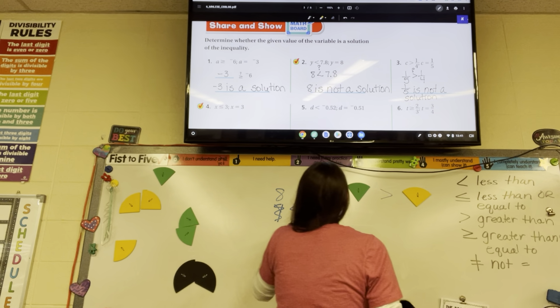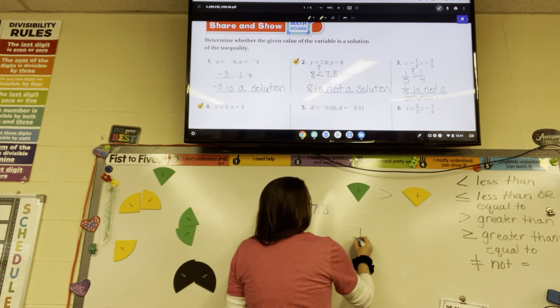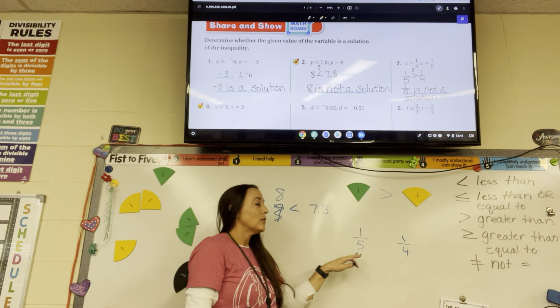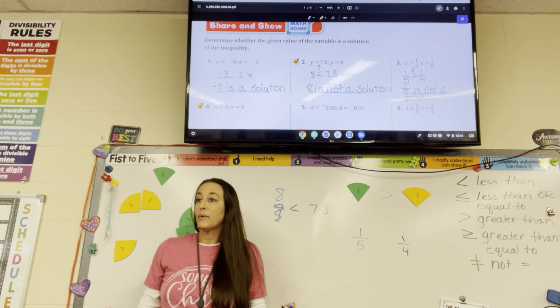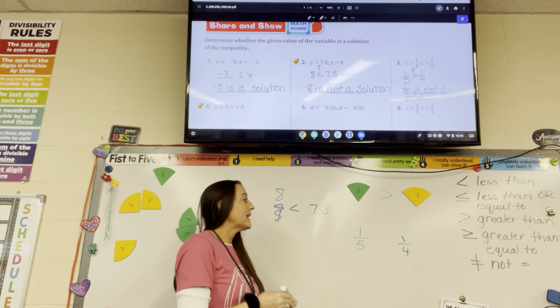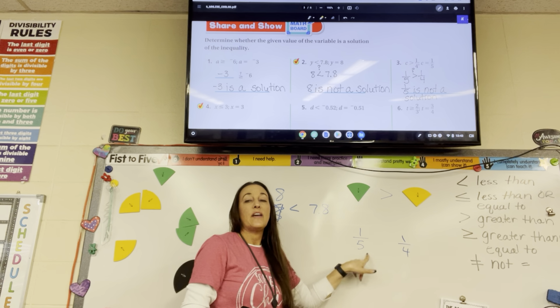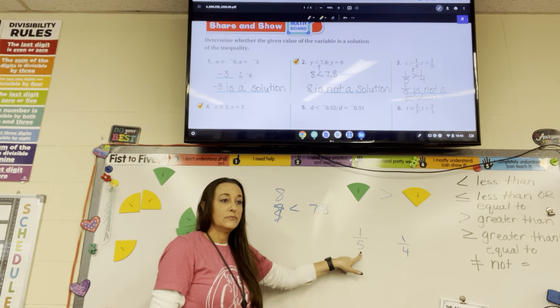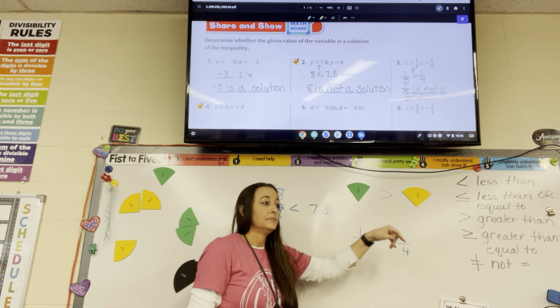With these, when you have numerators that are the same, 1/5 and 1/4, normally you think 5 is bigger than 4, right? But when they're on the bottom of a fraction, the bigger the number, the smaller it is when the numerators are the same, okay?